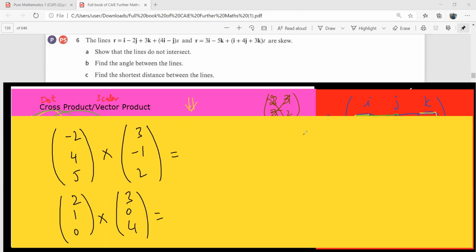You try this, 1, 2, 9 times minus 3, 1, 4. And you can check as well if the product of the vectors is really perpendicular to both of them.